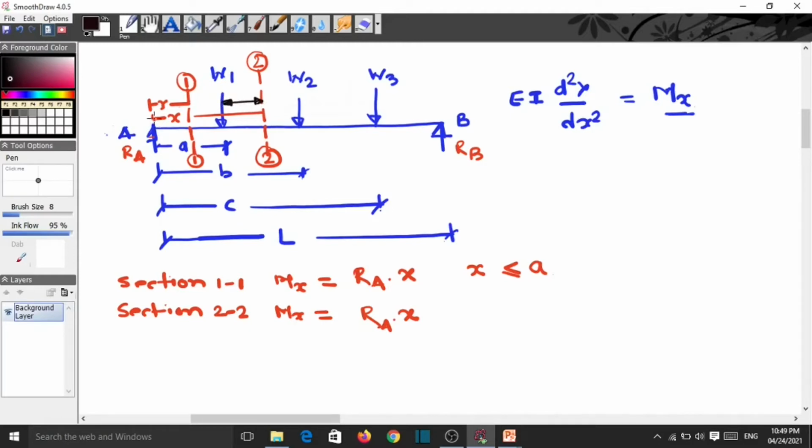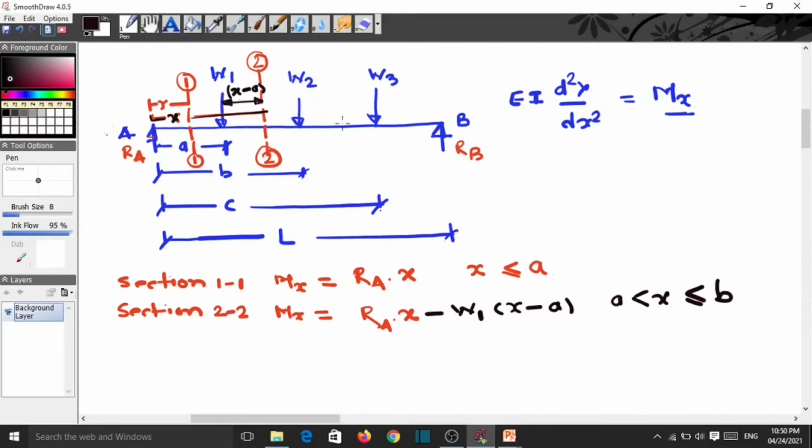This total is x and this distance is A, so this distance will be x minus A. Due to this W1 there is a hogging bending moment, that is why it is minus W1 into x minus A. But this is valid for x greater than A and less than or equal to B.